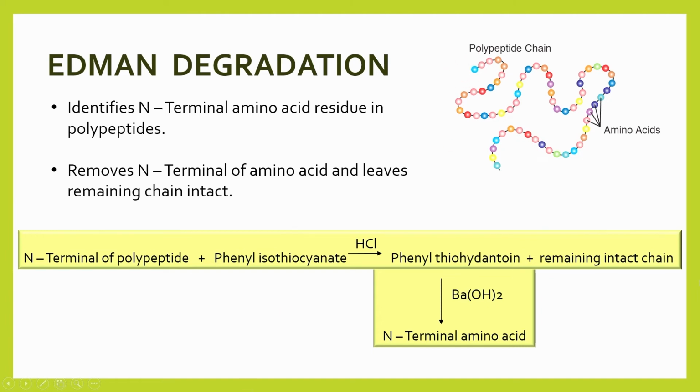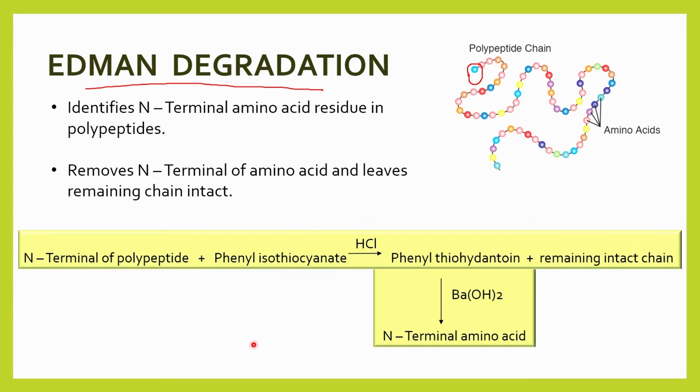In this case, the polypeptide is made of various amino acids, so we will analyze the first amino acid, whether its N-terminal is free or its C-terminal is free. When we run this Edman degradation test on this polypeptide chain and it gives a positive result, we can conclude that the N-terminal, which is the NH2 group of the first amino acid in this polypeptide chain, was free.